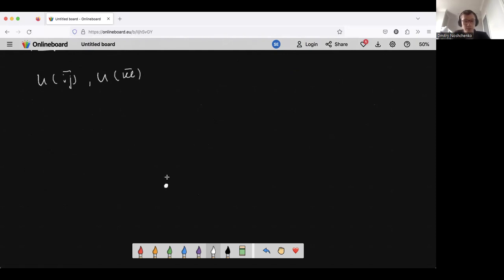We have some starting quiver, and we apply some sequence of unlinkings, and this part would be Uij. And to the right, let's apply UKL, and this gives some different quiver.